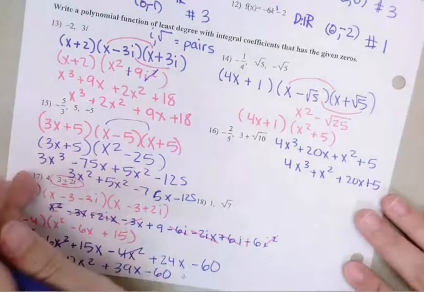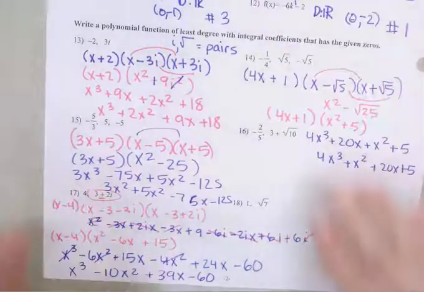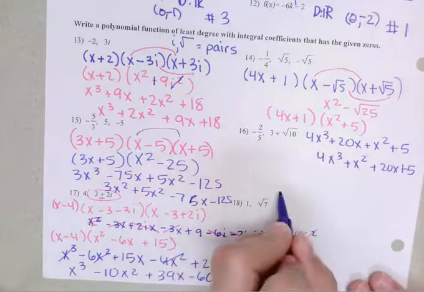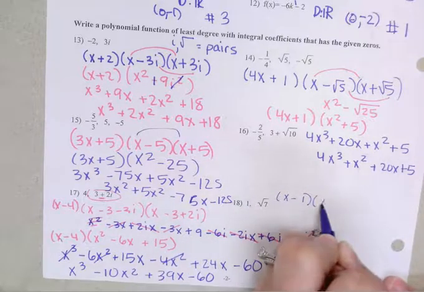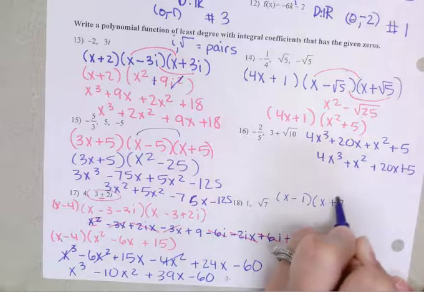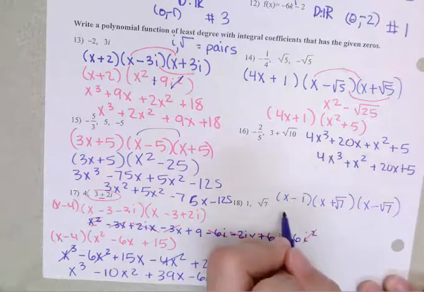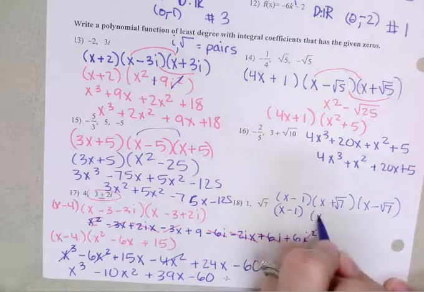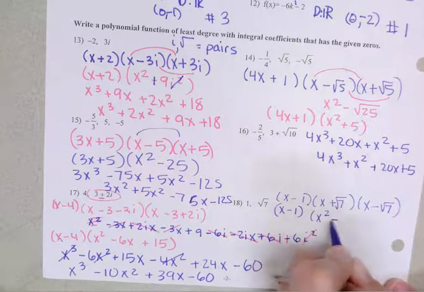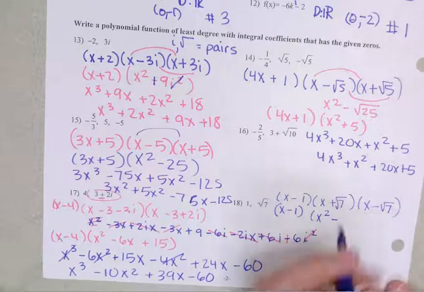Alright, number 18. This would be x minus 1, and again, roots are always in pairs, so x plus root 7, x minus root 7. Bring this down. Multiply the conjugates together, you get x squared minus 7, times 7 is 49, and the square root of 49 is 7.